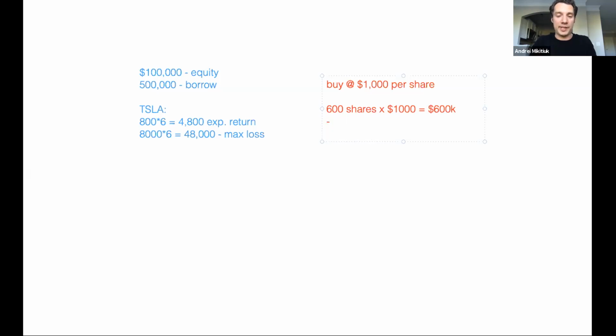Also, I have a negative cash position of 500K. That is my loan. Makes sense, right? So my net position is still 100K. That's my equity. Nothing has changed: before I had $100,000 in cash, and now I have $600,000 worth of Tesla stock minus a $500,000 loan.